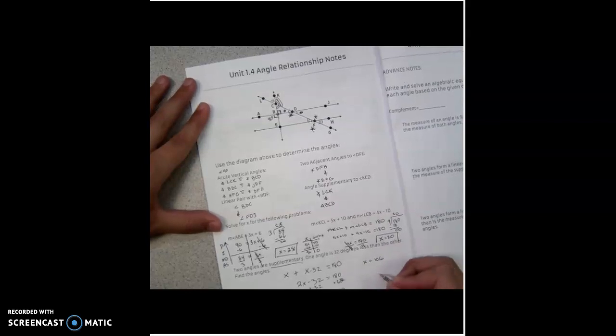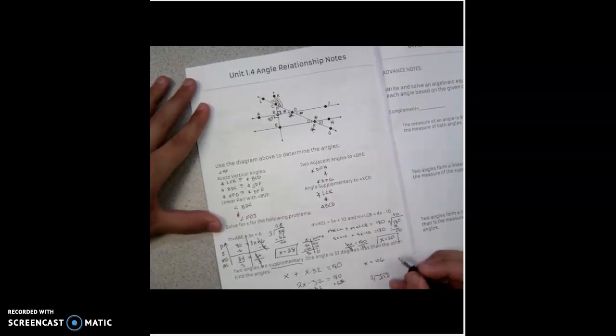I add 32 to both sides, and I end up getting 212 is equal to 2x. I divide both sides by 2, and I get x is equal to 106, where 212 divided by 2 goes in here once, 0, 6, 2, 0, 1.